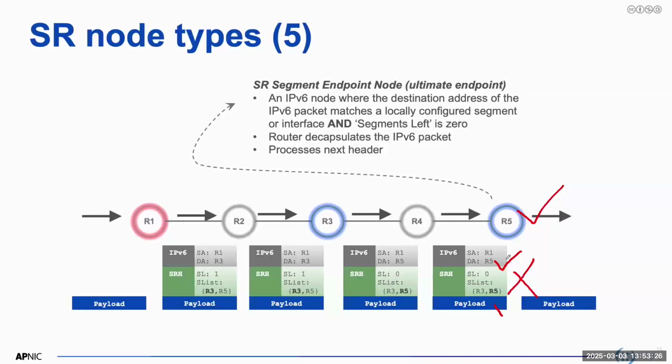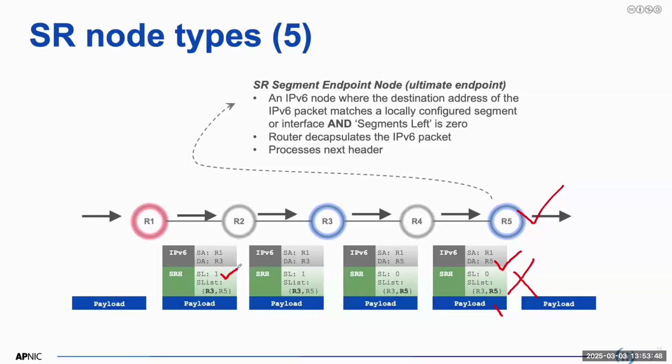So this is how, in segment routing, when a packet comes in on R1, R1 will create the segment routing header. What will it do? It will create the list of segments that it needs to travel. Then the segment list gives you the number of segments.